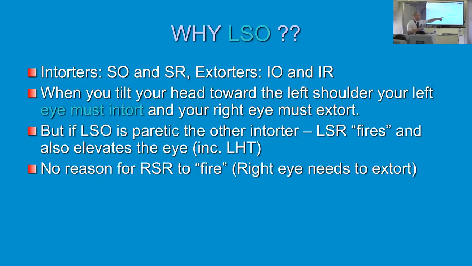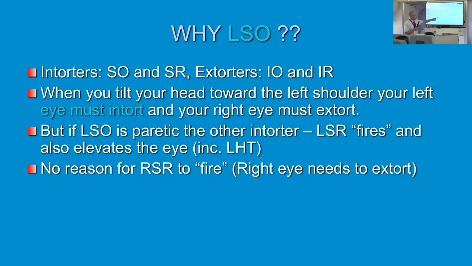Right. So the last step is we know it's got to be either the left superior oblique or the right superior rectus for the left hypertropia. We already established that. So what happens when you tilt your head to the left? As I told you, the left eye has to intort to the midline, and the right eye has to extort away from the midline to maintain your single vision.